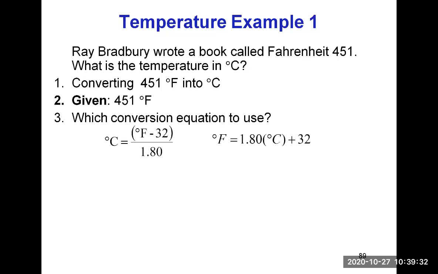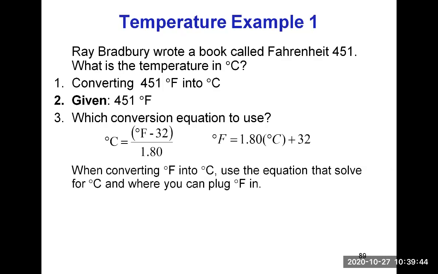Here we start with degrees Fahrenheit. We want to plug in the degrees Fahrenheit and calculate degrees Celsius. So we want the equation that solves for degrees Celsius, and that's going to be the first one: the one that has degrees Celsius isolated, equal to an expression that has degrees Fahrenheit in it.